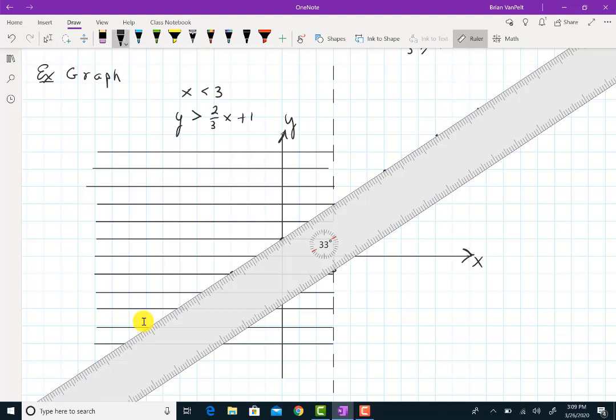All right, let's go ahead and put my dashed line in here. I should probably use thicker lines just so it stands out. But nonetheless, notice it says y is greater than that.